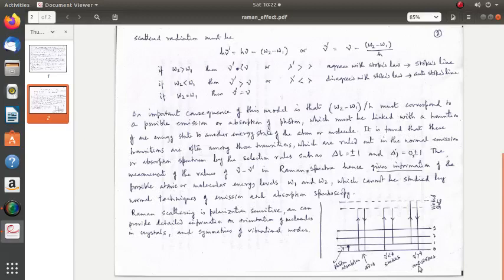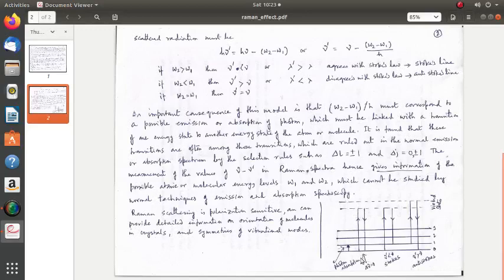So here is a schematic diagram. This is the ground state of the molecule or atom. The atom absorbs a photon. It goes up to the next energy state, 0 to 1, by absorbing a photon. The atom then jumps temporarily to this state and comes back to this state.